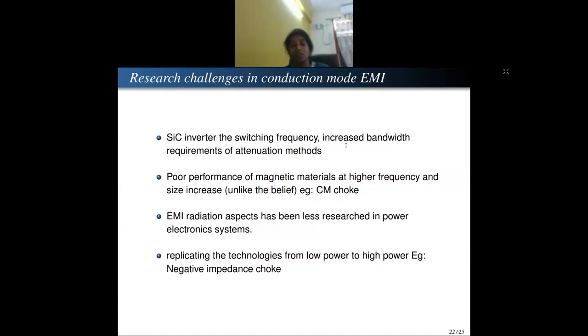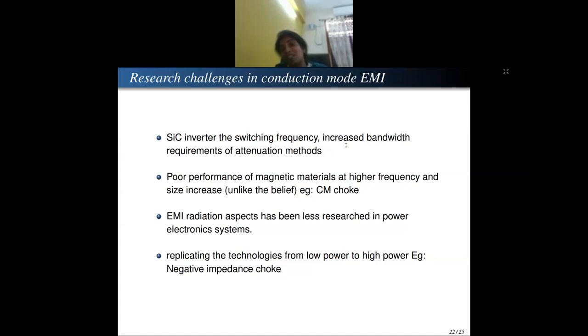In common mode, if you increase the switching frequency, the common mode component will move, but the required attenuation remains the same. It won't reduce. So to meet the same inductance, you have to increase the number of turns. If I need 1 millihenry at 50 kilohertz, I have to increase the turns by so much. This has increased the size of the choke instead of decreasing it. This is one of the problems to be addressed. People are still working on it. We have not yet achieved any solution.